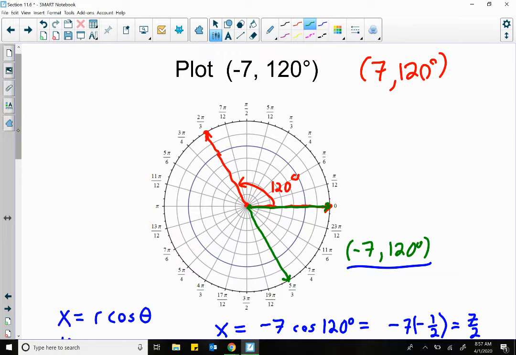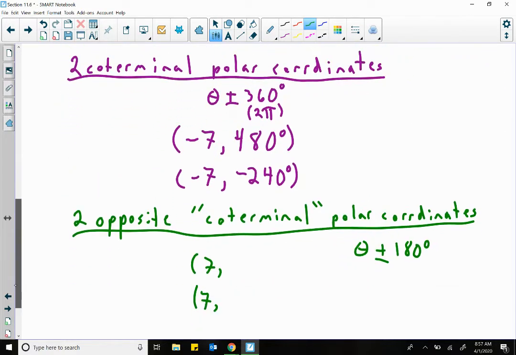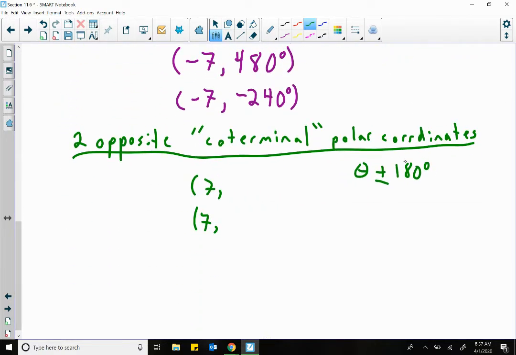Okay? So that makes sense why we would add 180 degrees to it or subtract 180 degrees to it. Okay? So 120 plus 180 gives us 7, 300 degrees. Okay?